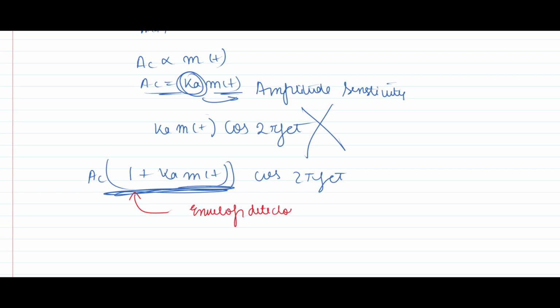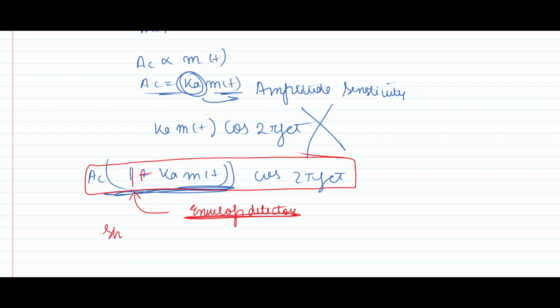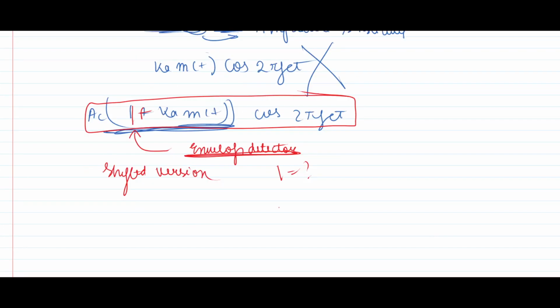If the detector being used for the amplitude modulated signal is an envelope detector, then you would require this type of modulated signal: 1 plus Ka m(t) cos 2 pi fc t. So why are we using this shifted version? It is shifted by 1. Why 1? I'll be telling you about the envelope detector.